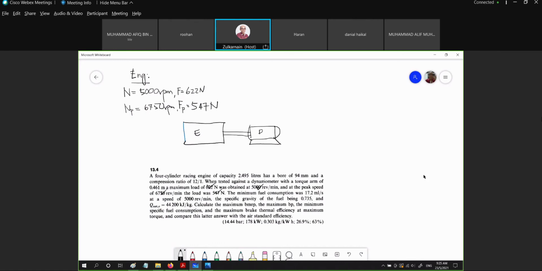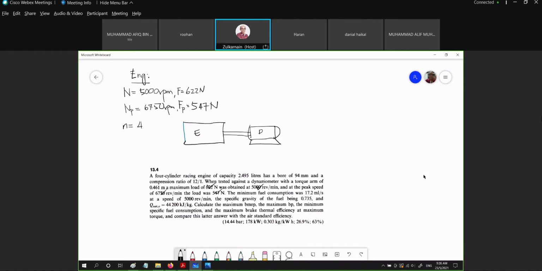The engine has 4 cylinders. And is there any number of strokes? If I look at the compression ratio here, for a 4-cylinder racing engine, there's no statement regarding the stroke.